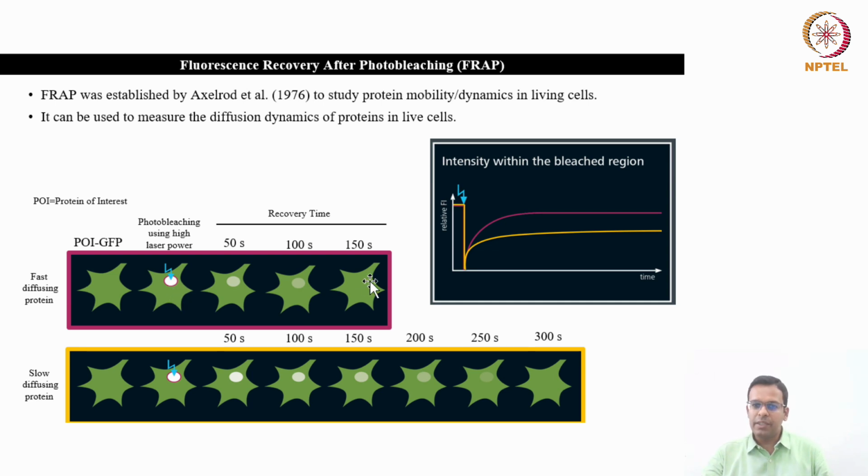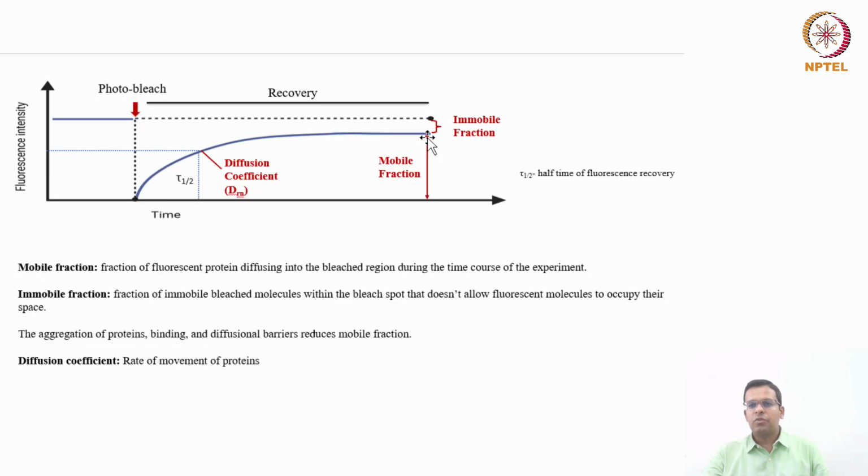But when you see the recovery, those 80% molecules which are just diffusing got exchanged, but those 20% molecules which are now dark, not fluorescent, are still there. So that's why this recovery curve can never reach the original fluorescence intensity, and this fraction is known as the immobile fraction, and this fraction is known as the mobile fraction. So using this FRAP experiment, you can find out what fraction of your protein is the mobile fraction and what fraction is the immobile fraction.